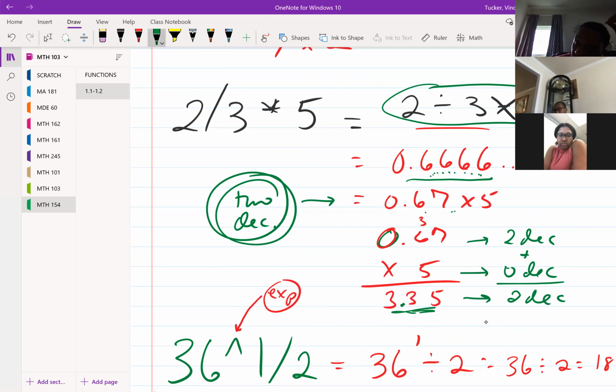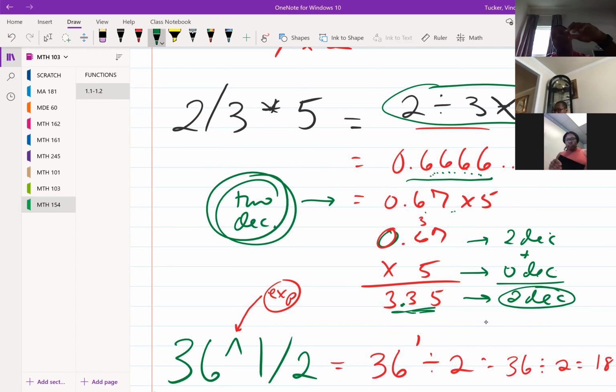5 times 7 is 35. Carry a 3, 5 times 6 is 30, plus 3 is 33. And just in case you need a reminder of the process, there are 2 decimals in 0.67, 0 decimals in 5, 2 plus 0 is 2, so that lets me know I should have 2 decimals in my final answer. And so that's how I got 3.35.